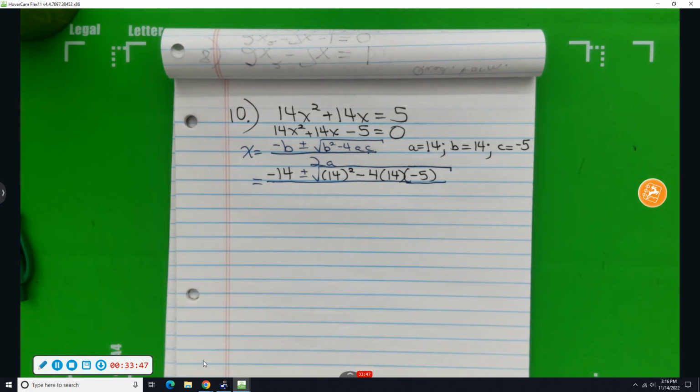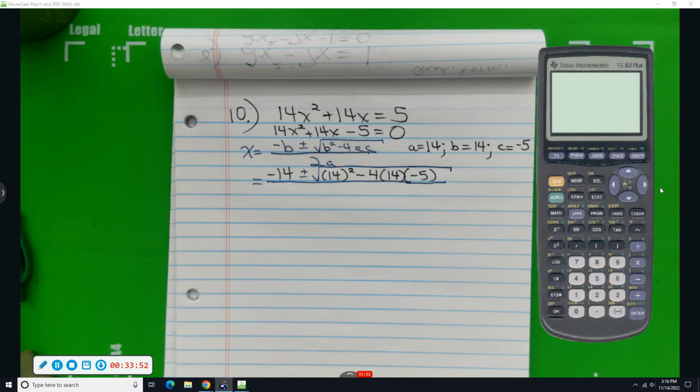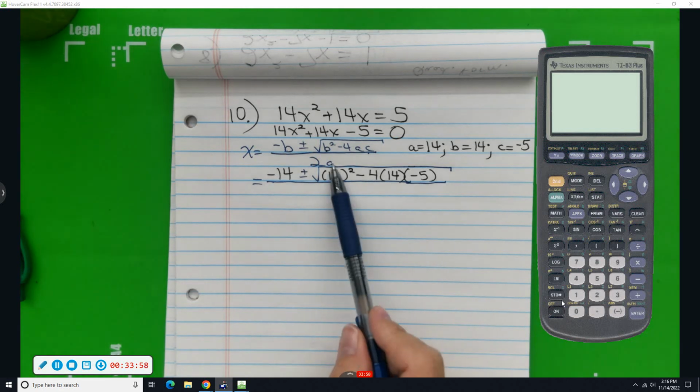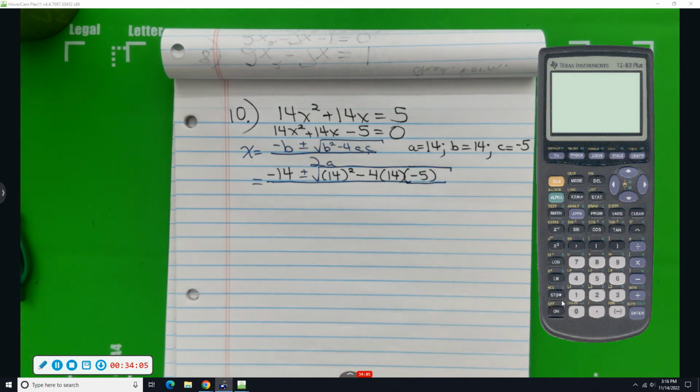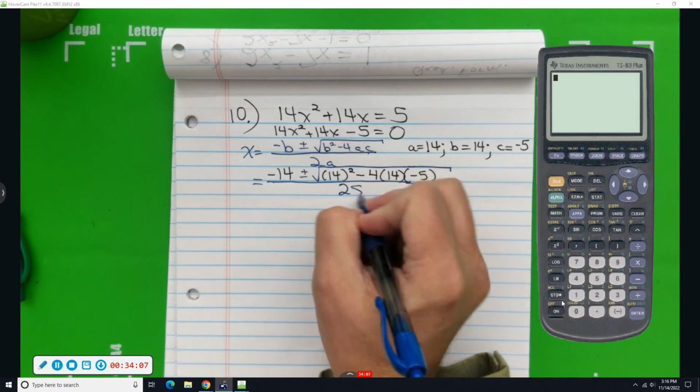Okay, wait a minute, I'm not through yet. What's the denominator? 2 times a, 2 times 14 is 28, I agree.